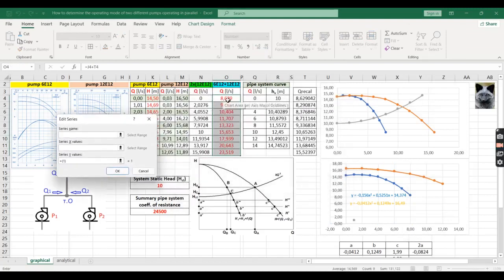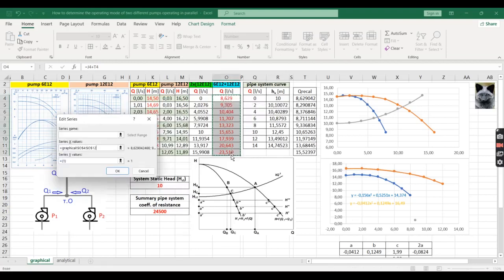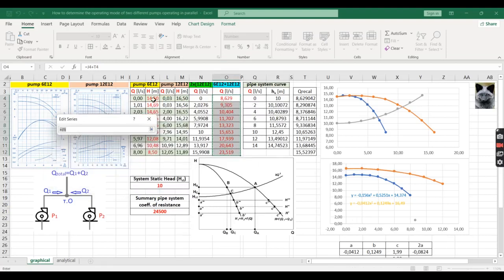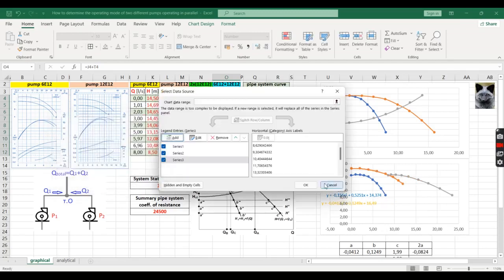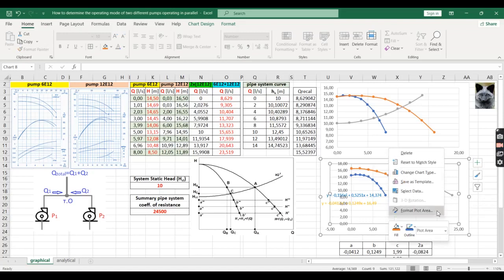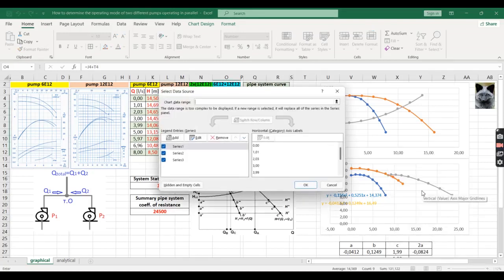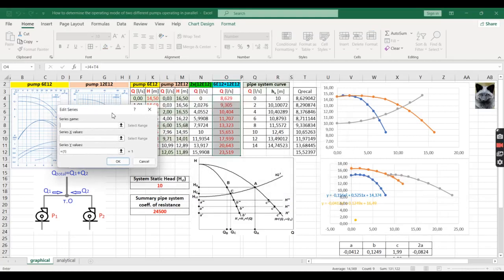So we need to insert the Q data, then the H data, and here it is. We finally are able to demonstrate the plotting of the system summary head curve. So we can also plot the pipe system resistance curve to demonstrate the specifying of the operating points.